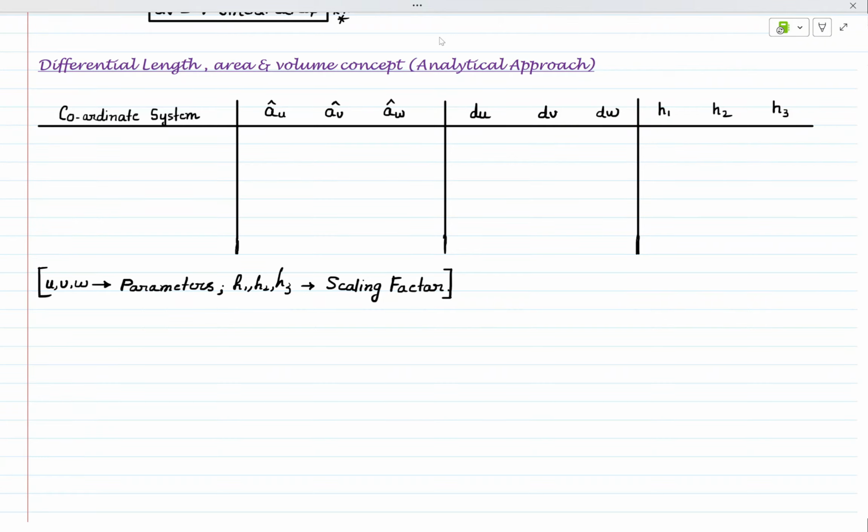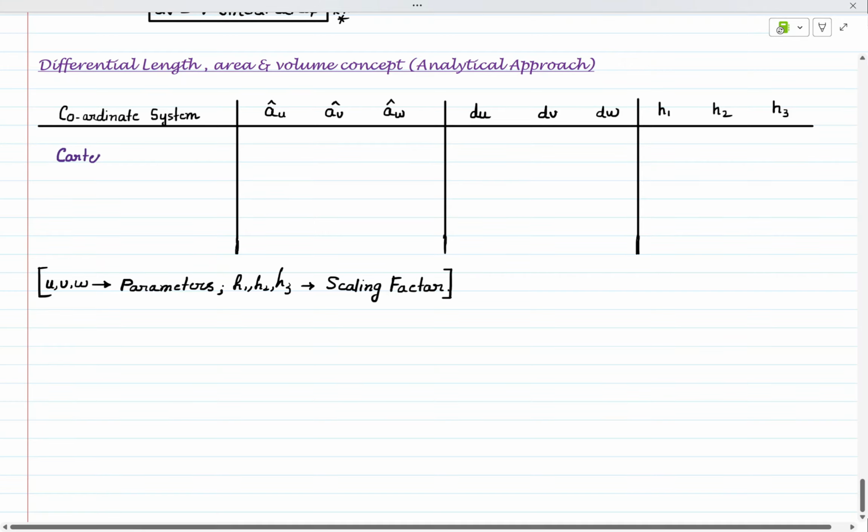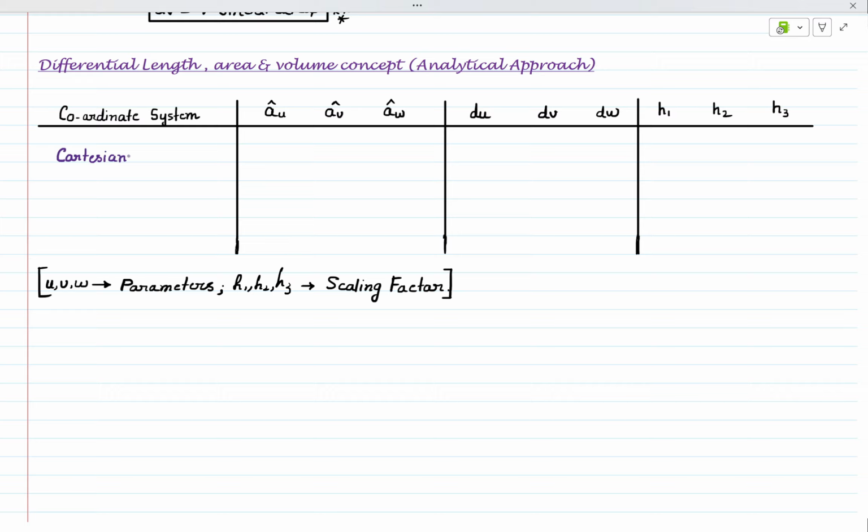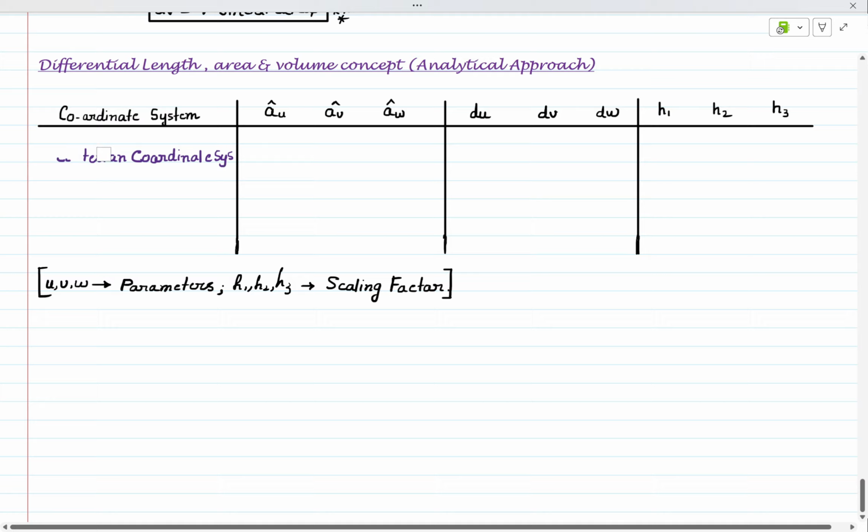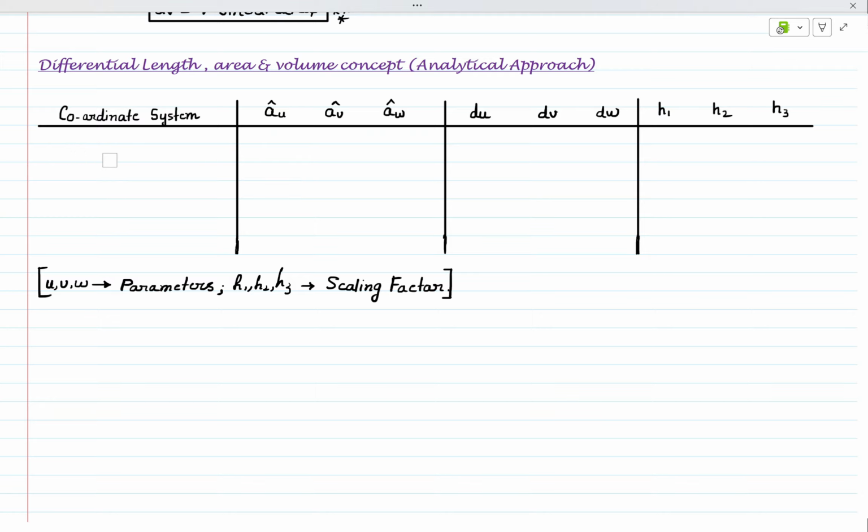Now, let us talk about the different coordinate systems. First, let me write the Cartesian coordinate system. Okay, just a minute. Let me write it clearly.